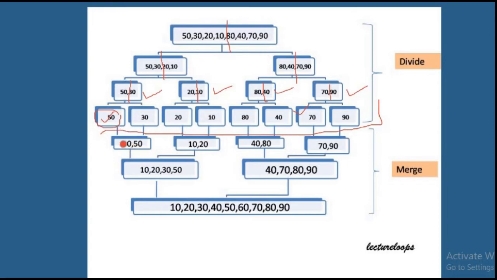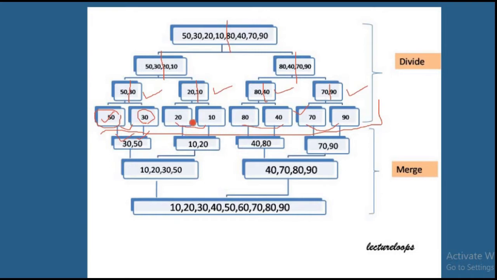Now we have to merge these sublists. We will take two subarrays and combine them. But now the catch is that while we are merging them, we must remember that the resultant list must be sorted. Like 30 should come here and 50 should come here.